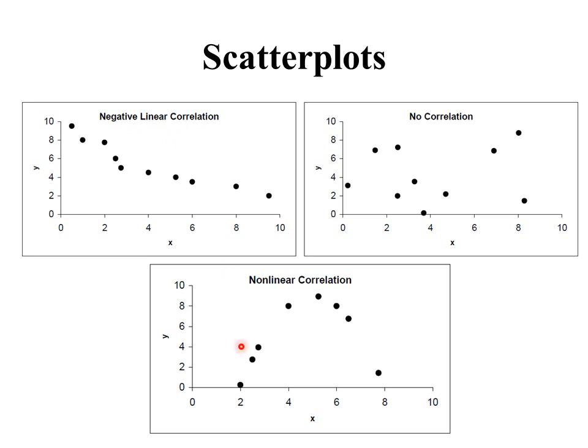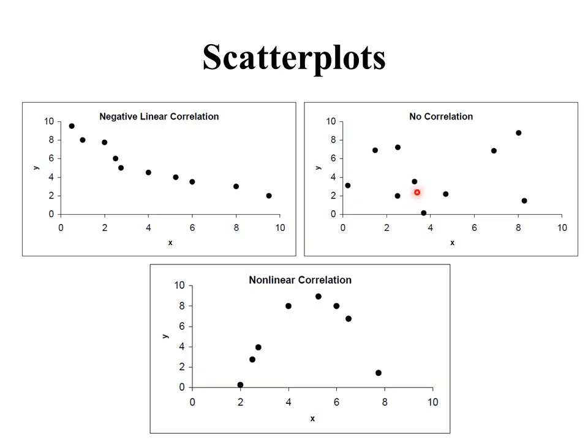If we look at this example right here, again, we've got some other variables, x and y. Again, we plotted x on the horizontal, y on the vertical. Notice that there's a pattern here, but it's not a straight line pattern. So we would say that these variables have a nonlinear correlation. Here's another set of data, another variables x and y, again x on the horizontal, y on the vertical.